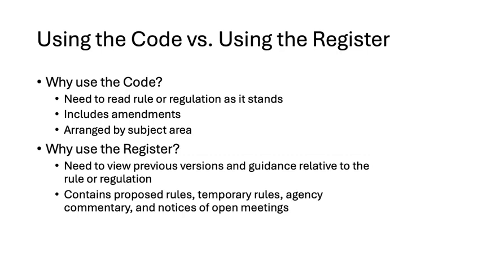So we could find proposed rules there, temporary rules, and then again that guidance would be agency commentary and notices of open meetings, right? Additional forms of information that may be useful that we would not find in the codified version of the Texas or Federal Register.